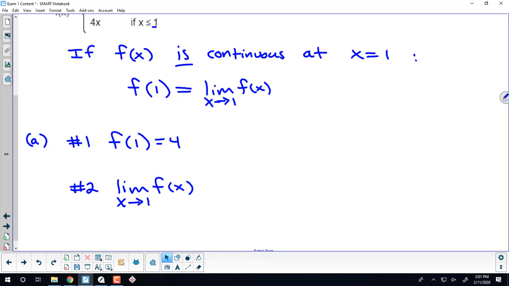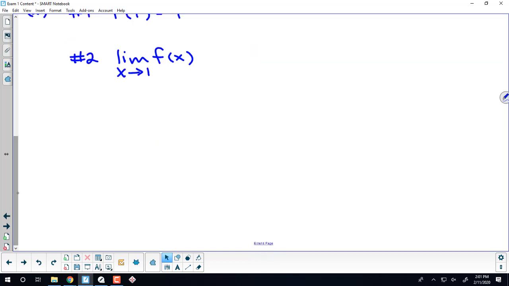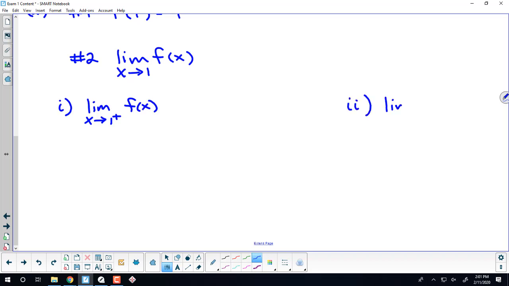We can't answer the two-sided limit question immediately, so we have to do the one-sided limits. So this is like number 2, part 1. What's the limit as x approaches 1 from the right on f of x? And from the left.